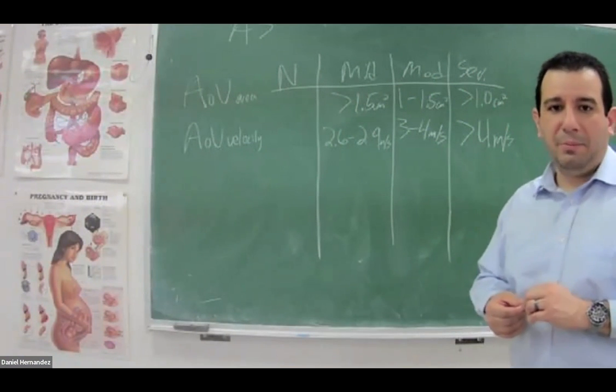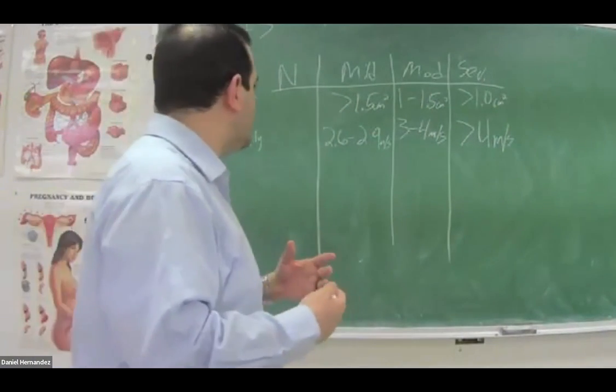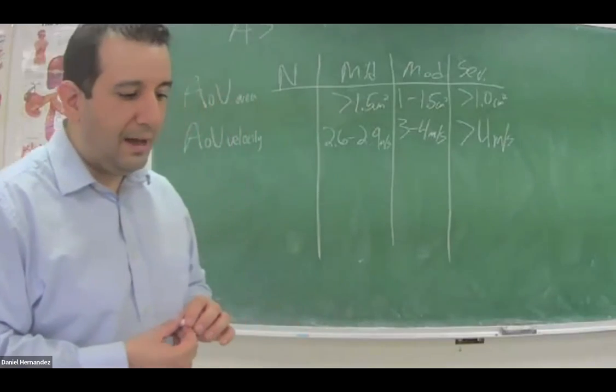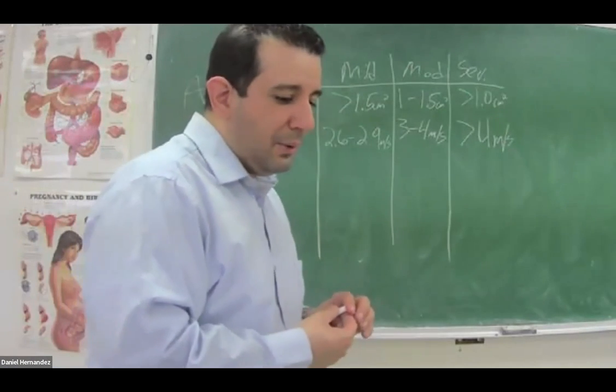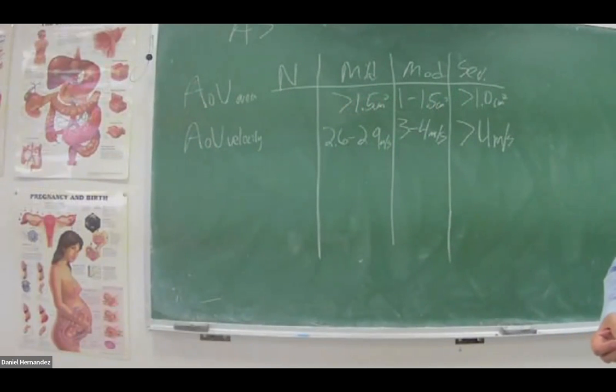But we can detect sclerosis because we do have some mild elevation of velocities. So a valve that would be considered sclerotic would have velocities that are going to be less than or equal to 2.5.